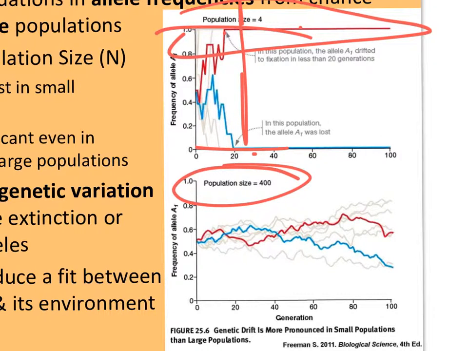In fact, if you looked at something like a population size of 1 million, it would be much less than that. So the takeaway for this is that genetic drift is a force of evolution. It's not an adaptive force. It is strongest in small populations and is weakest in large populations. Okay? That's the bottom line.